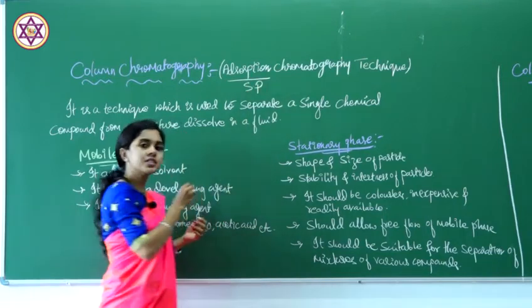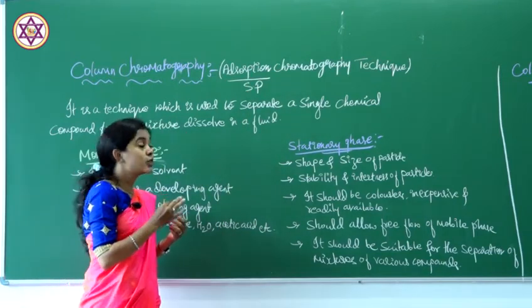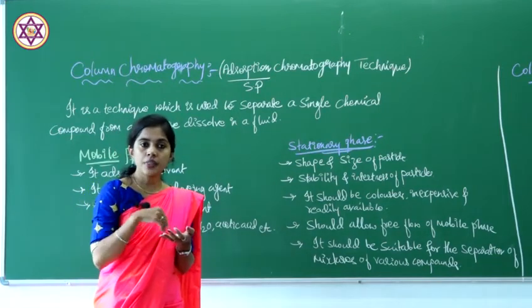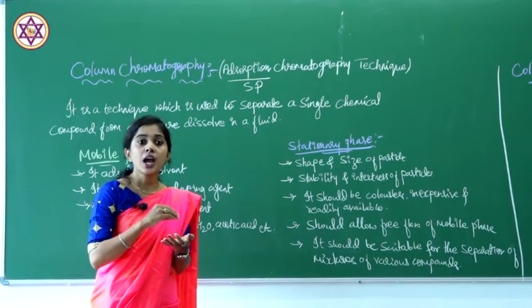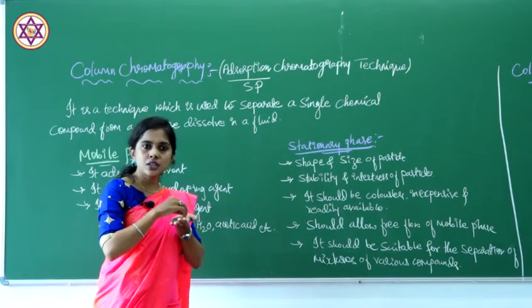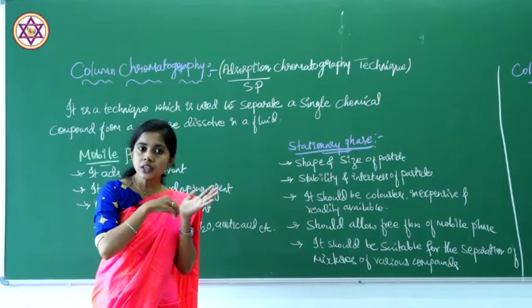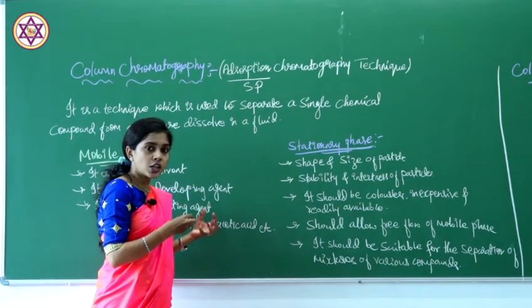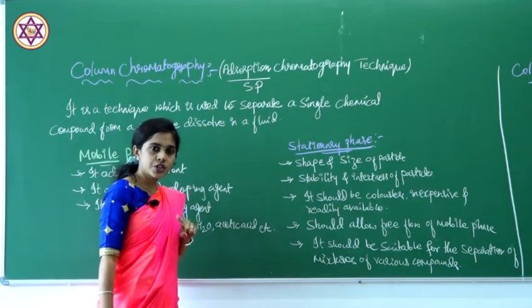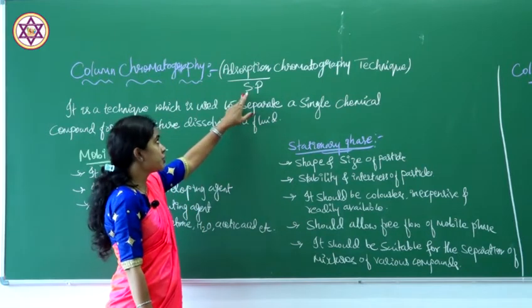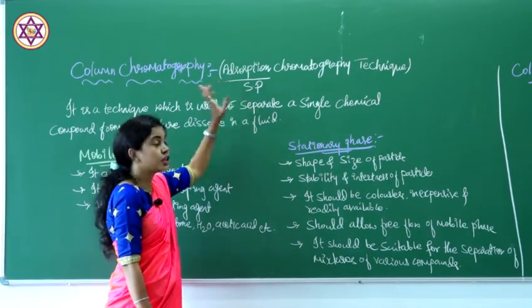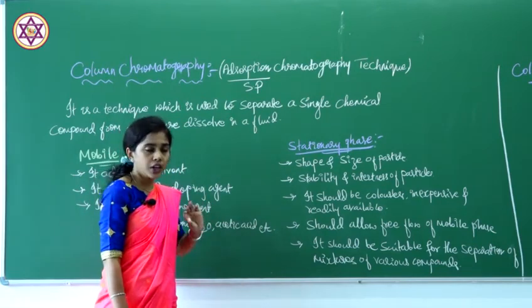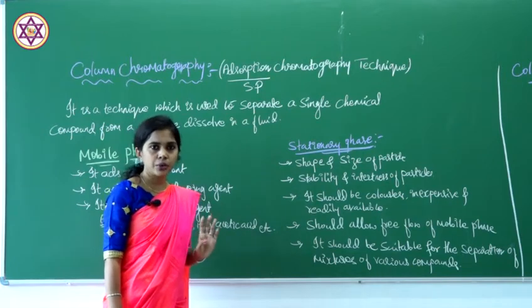Adsorption means accumulation of particles on the surface. There are two phases, the stationary phase and the mobile phase, and the stationary phase acts as the adsorbent in nature. Therefore we call this adsorption chromatography, instead of column chromatography.